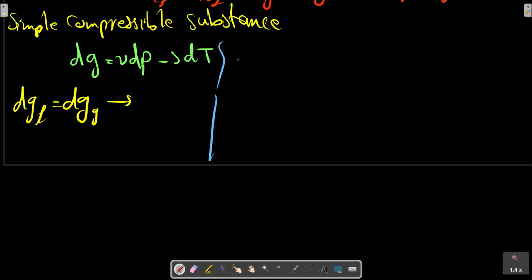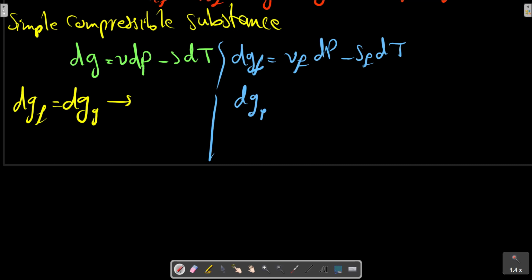Combining these two relations, dGf equals vf dP minus sf dT, and dGg equals vg dP minus sg dT.